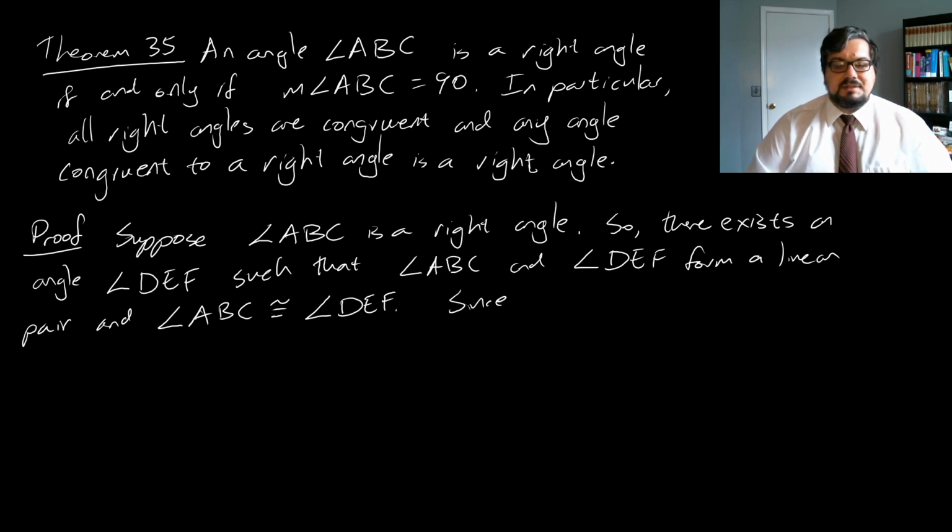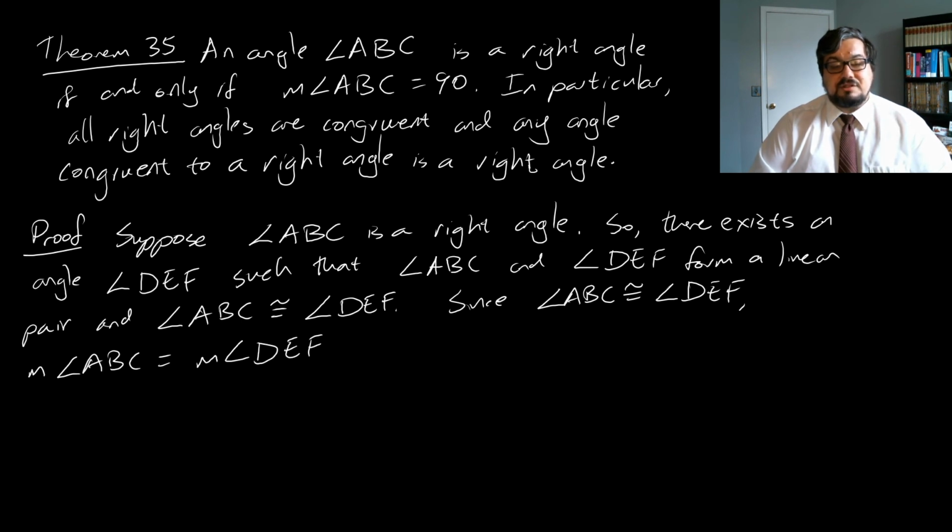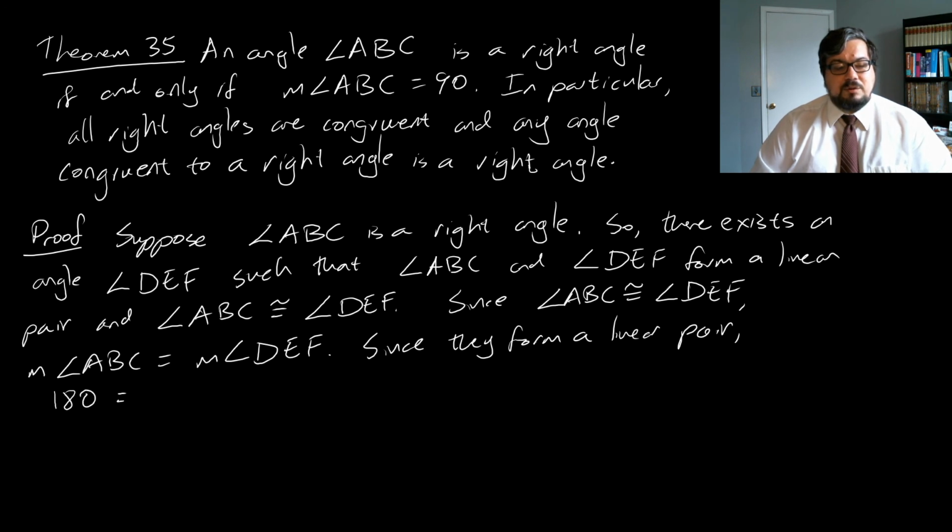Now, since angle ABC is congruent to angle DEF, this means that the measure of angle ABC is equal to the measure of angle DEF. This is just by definition. And then since these angles form a linear pair, we have that 180 equals the measure of angle ABC plus the measure of angle DEF.